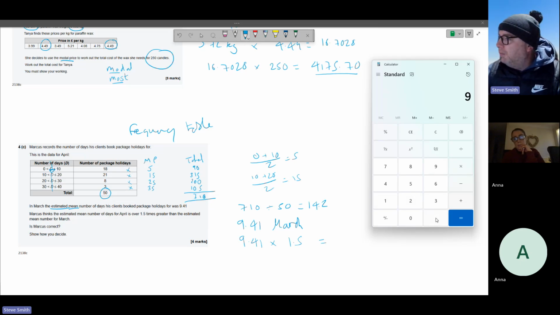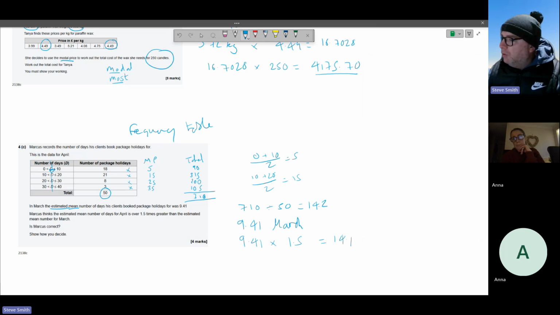So 9.41 multiplied by 1.5 equals 14.115. So Marcus thinks the estimated mean number of days for April is over 1.5 times greater than the estimated number for March. So as you can see, we can put it here, 14.115.